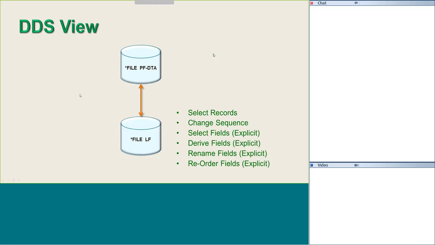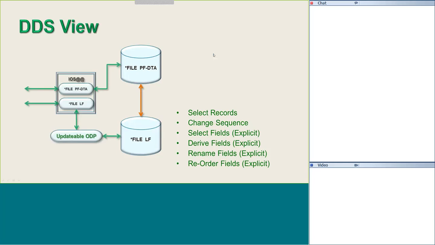All right. Right, how does this fit in with our concept of I/O servers, etc.? This logical file has an updatable open data path, ODP. Therefore, I can have an I/O server for that logical file, and of course I would have an I/O server for the physical data file, the PF data.